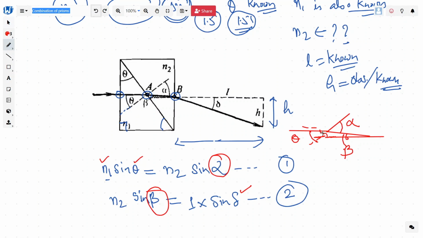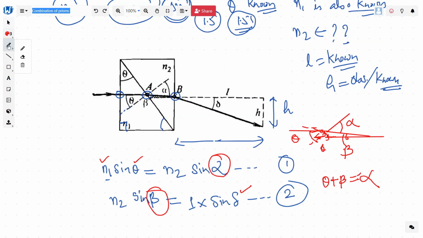So this is our theta, this is our theta, so theta plus beta is going to be equal to alpha. So in this triangle, we know this angle is theta. This angle is theta because these two lines are parallel to each other. And if this is theta, this is going to be theta.